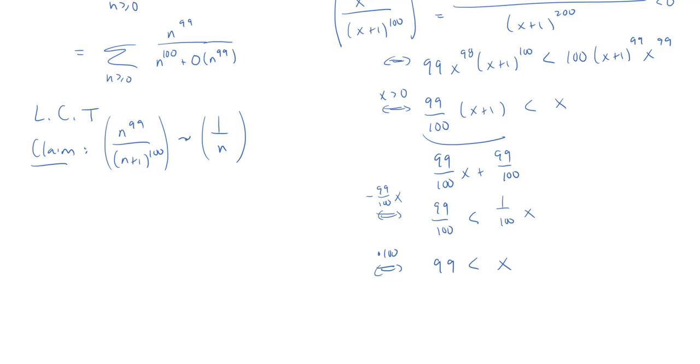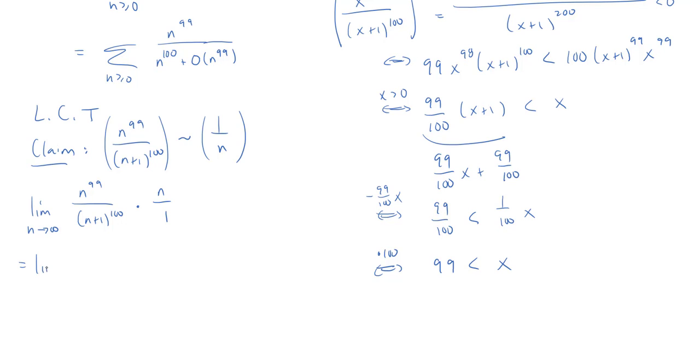Of course, they're always positive. And I need to look at the ratio of their nth terms. So I take the limit as n goes to infinity of the nth term here, that'll be n to the 99th over n plus 1 to the 100th, and I'm going to divide by 1 over n, which is the same thing as multiplying by n over 1.